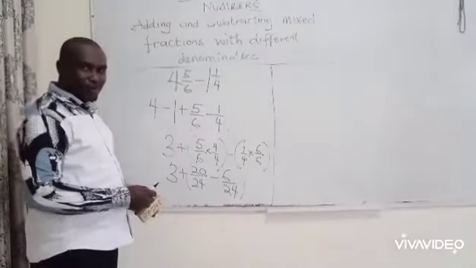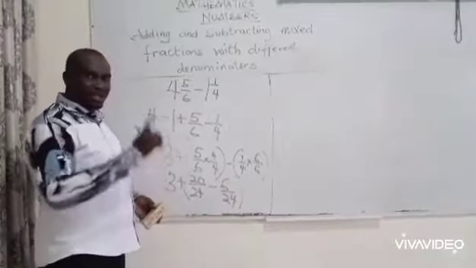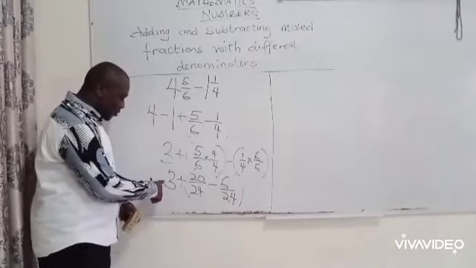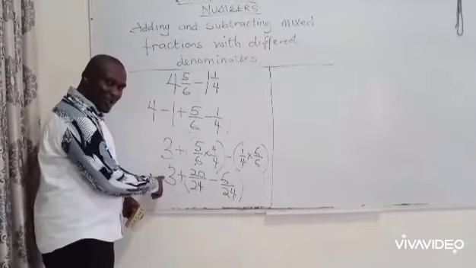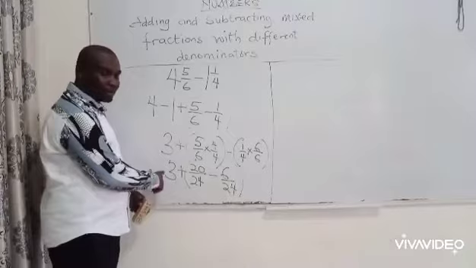So what do we do? We work out our numerators and write only one denominator. But please don't forget to continue with your whole number.